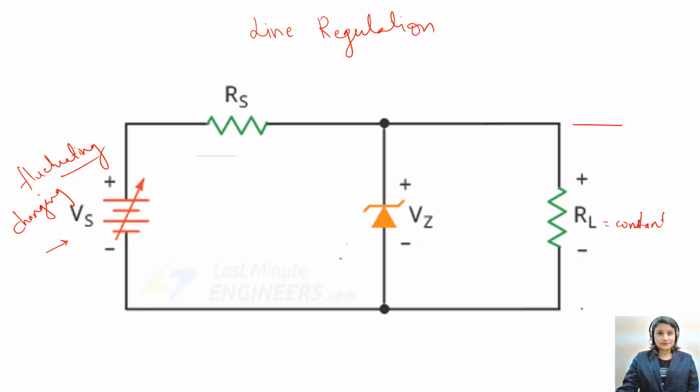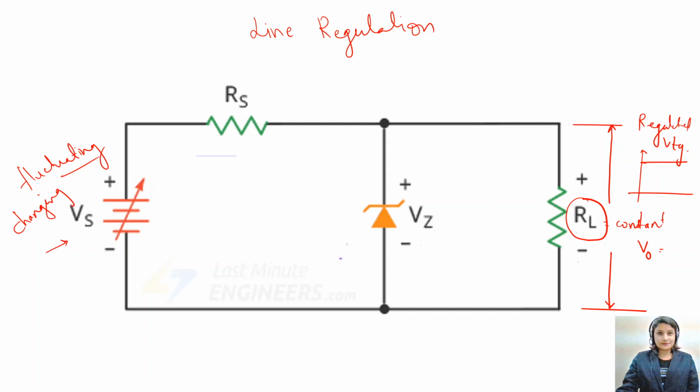And at the load resistance, we are going to get a constant DC voltage. That means we are going to get a regulated voltage. We denote the output voltage by VO, and that is what we are going to measure across the voltage drop in RL.